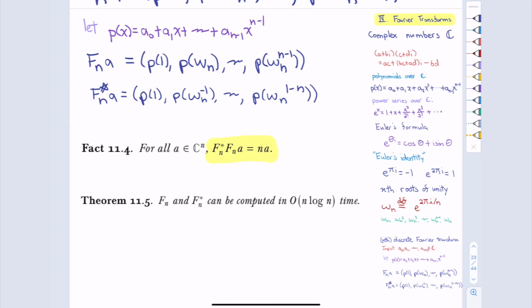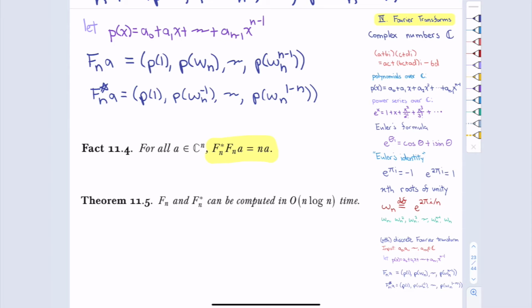What is this saying? I take my coefficients a, which I think of as a polynomial, and Fn of a evaluates it at n roots of unity. That gives me n complex values. And Fn star takes those values and reinterprets them as coefficients of a polynomial and evaluates at n roots of unity, except in some reverse order.